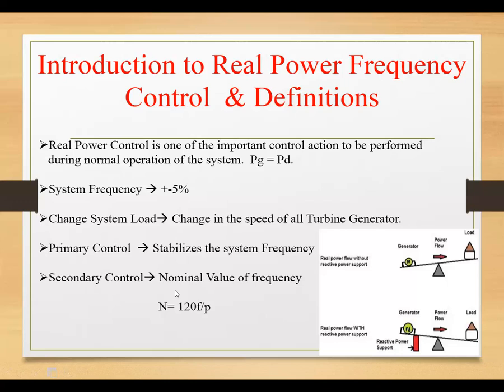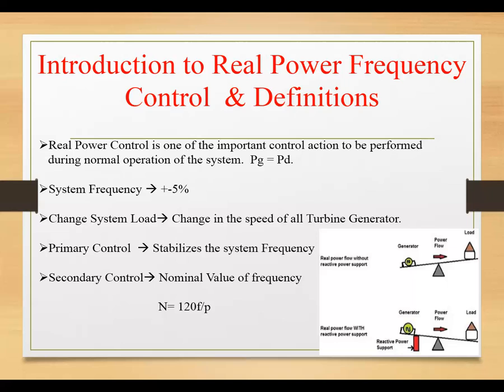And the secondary control adjusts the load reference set point of selected turbine generator units so as to give the nominal value of frequency, based on the formula synchronous speed N equals 120 f by P. N is directly proportional to the frequency, where N is the speed in RPM, f is the frequency in Hertz, and P is the number of poles.